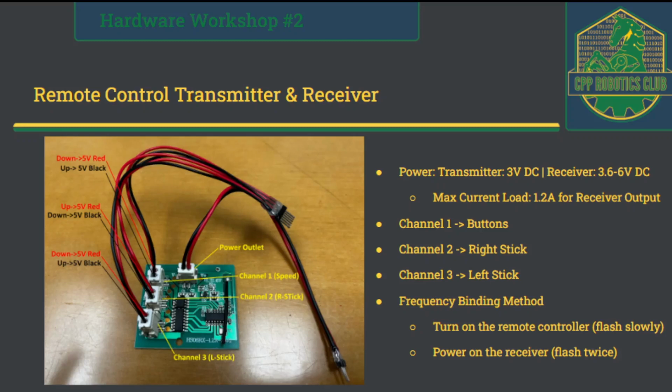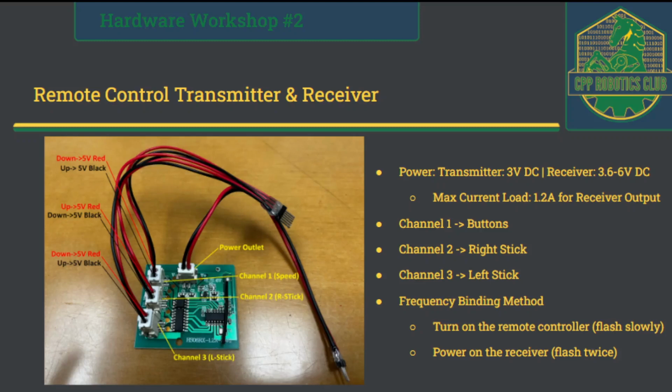As you can see in the picture here, we have three different channels, as I said, corresponding to the right stick, the left stick, and the buttons on the transmitter. Channel one here, the top channel, will have two different outputs. Each channel will have two different outputs, but because the transmitter and receiver that we have are very cheap, the output pairing with the transmitter buttons is very random.